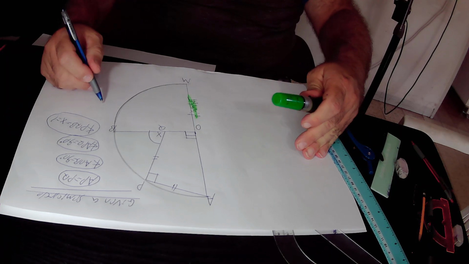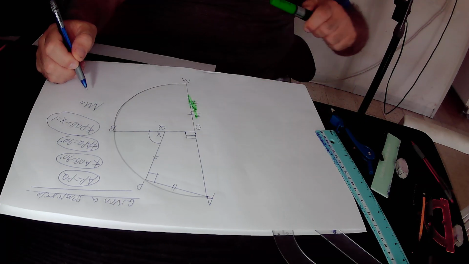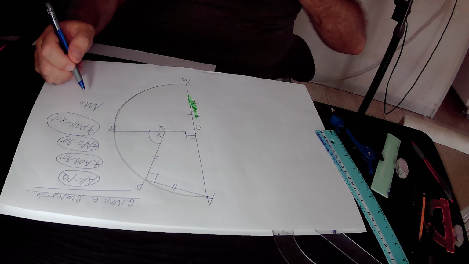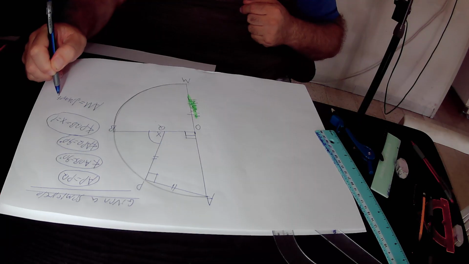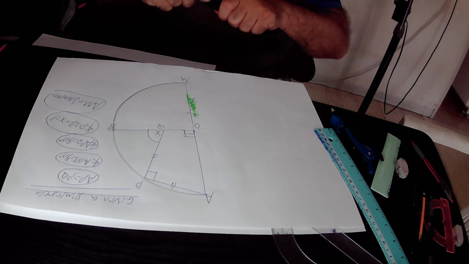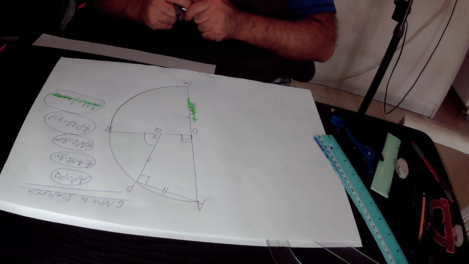We completed the quarter circle to a semicircle, and therefore AM is the diameter of the semicircle. So AM is the diameter, it is absolutely a straight line.